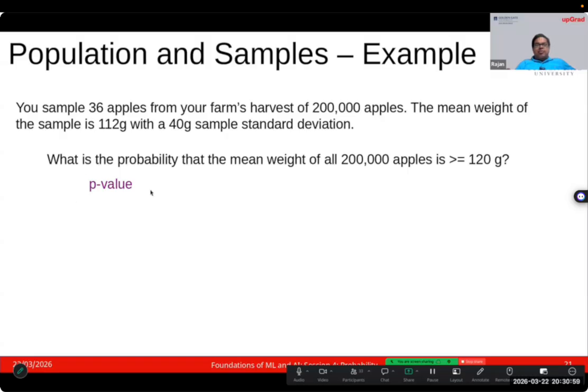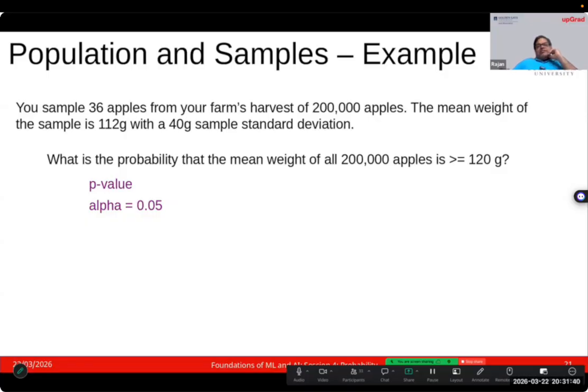If the probability is high, then I have strong evidence for my hypothesis. Otherwise, if the probability value I get is small, then I don't have enough evidence for my hypothesis. If the probability value is small, I have to reject my hypothesis. Otherwise, I don't have to reject the hypothesis. Okay, this is the procedure we take. Okay, so what is meant by small p-value? We set a threshold.